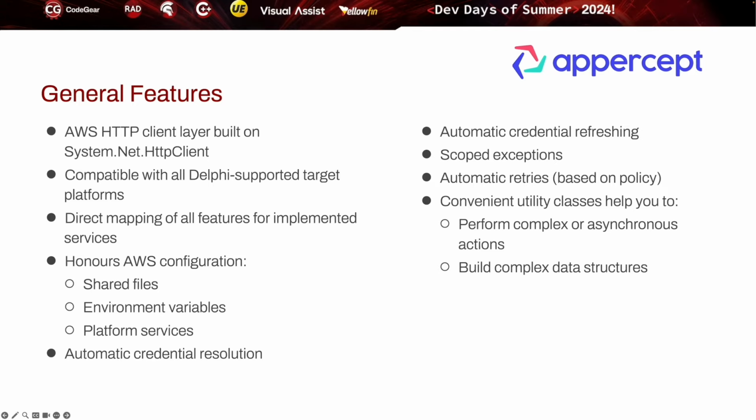We have convenient utility classes that help you to do things like perform complex or asynchronous actions, things that are sometimes a little bit too much work for a one-line interaction. We've made utilities to help.